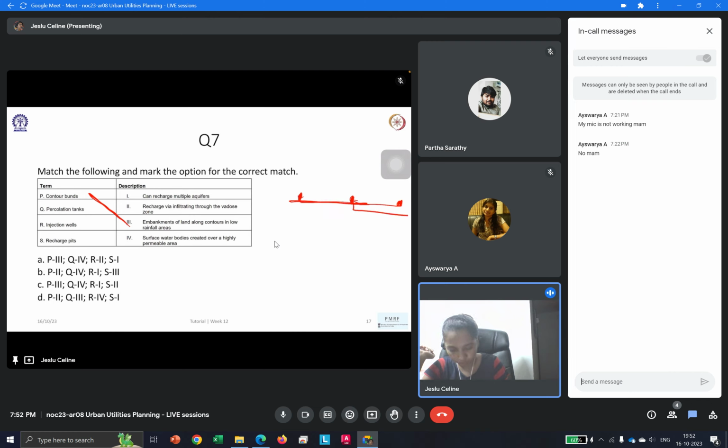If you have a contoured land, you construct these bunds so that water will not easily flow out and it will stay there. So embankments of land along contours in low rainfall areas. Correct. Now percolation tanks.